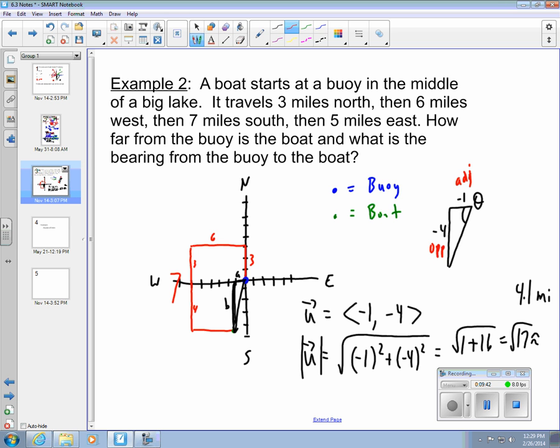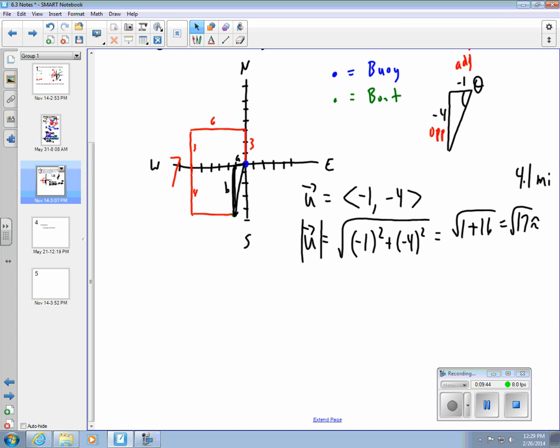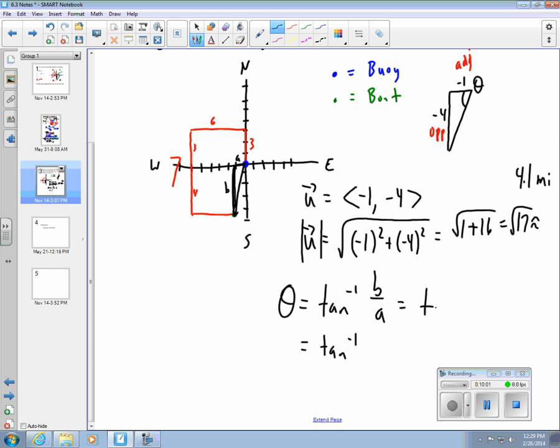So we can use our tangent. So we can figure that out. Theta is equal to the inverse tangent. I told you could just do your B over your A if you want. Because your B will be your opposite and your A there will be your adjacent. Or you can think of an inverse tangent of your opposite over your adjacent. However you want to do that.